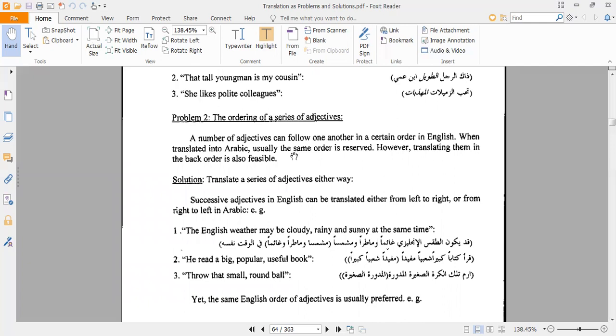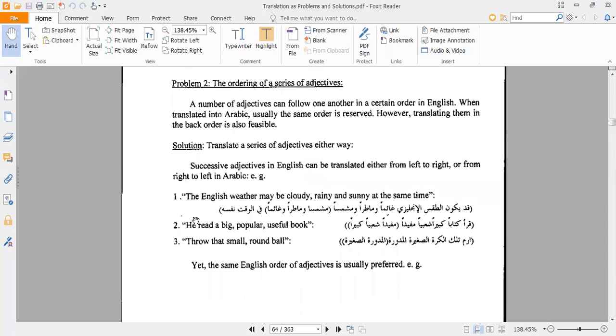Okay, the second problem is translating a series of adjectives. Sometimes we have several adjectives to describe only one noun in English. For example, the English weather may be cloudy, rainy, and sunny at the same time. So we have three adjectives: cloudy, rainy, sunny.